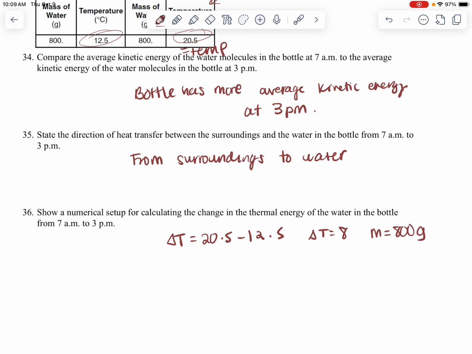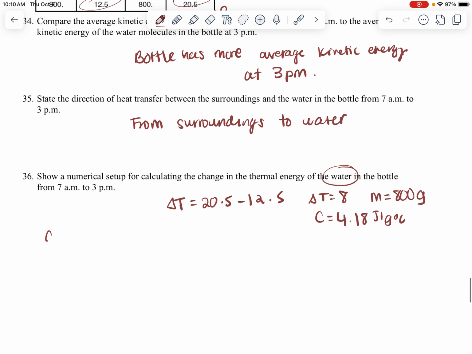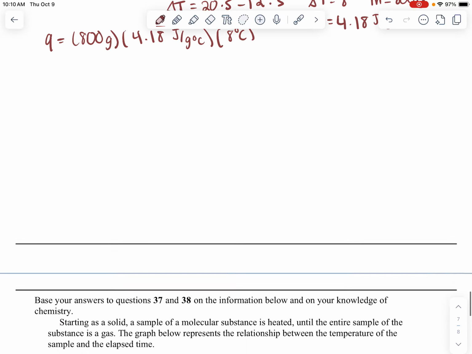We know that our C, because it's water, I know my C is 4.18. So I could plug it all in. Q equals 800 times 4.18 times 8. And that's my numerical setup.